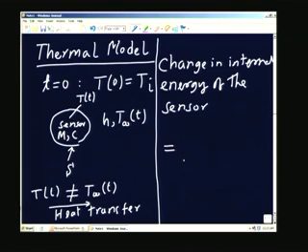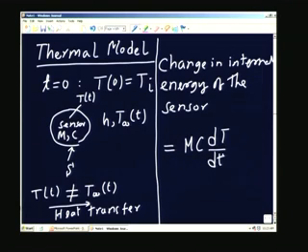Okay. So, the rate at which the internal energy is changing or decreasing is given by mass into specific heat, I am assuming that all these are constant, not varying with respect to temperature, dT by dt.